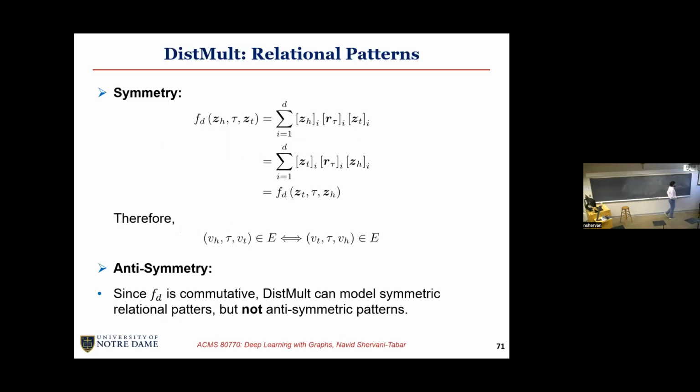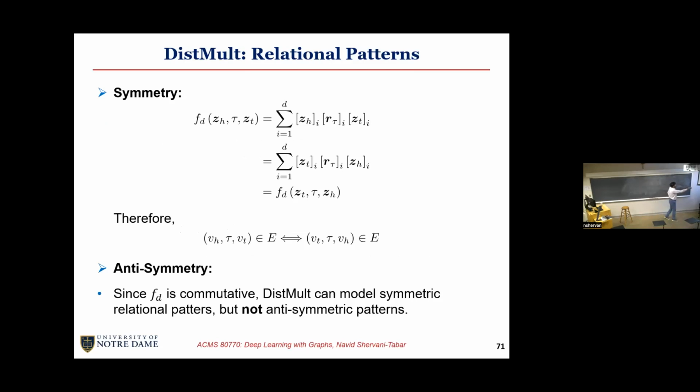So let's see if DistMult can infer different relational patterns. On symmetry, we write this equation down: what is the output of the decoder given the embedding for the head entity, the embedding for the tail entity, and the embedding for the relation, or edge type, tau.